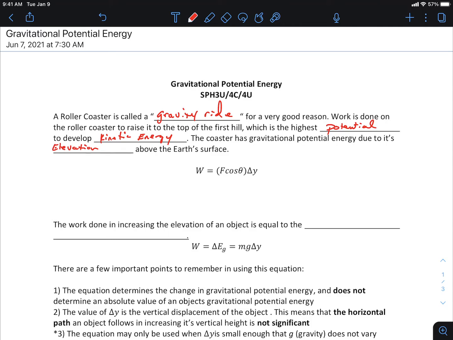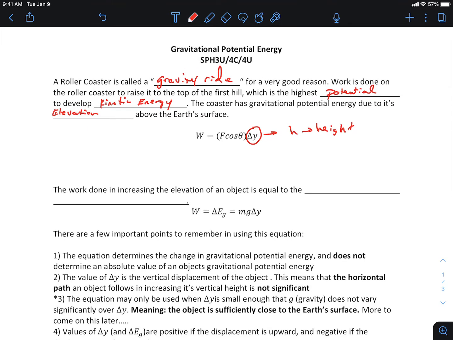For gravitational potential energy, the work we'd be measuring would be like the Coca-Cola case question, where the employee lifted it up to the shelf and then a customer came along and lifted it down, right? So all we're dealing with is this change in the Y value, which you might see as H, for height. Okay. Anybody have any problems so far?